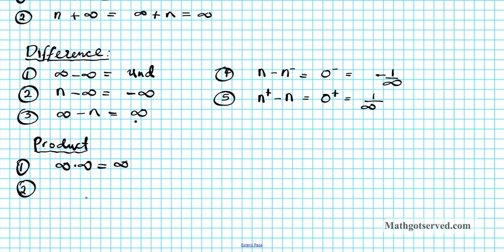And then a number times infinity is equal to infinity times the number, and that's equal to infinity also. What if we have 0 times infinity? Well, 0 times infinity is the same thing as infinity times 0, which is equal to 0.